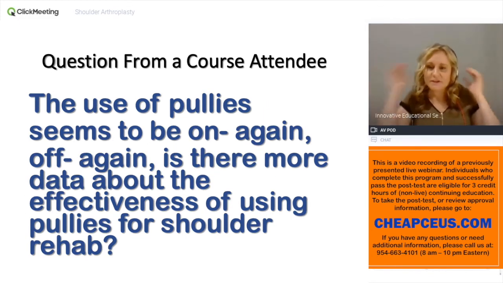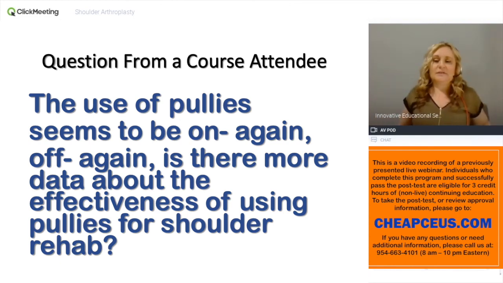Okay, the question is, the use of pulleys seems to be on again, off again. Do we have more data about the effectiveness of using pulleys for shoulder rehab? I didn't specifically pull data on that question. However, many of the protocols did still include overhead pulleys as an activity that was incorporated into rehab for this population, as an active assisted type of motion.